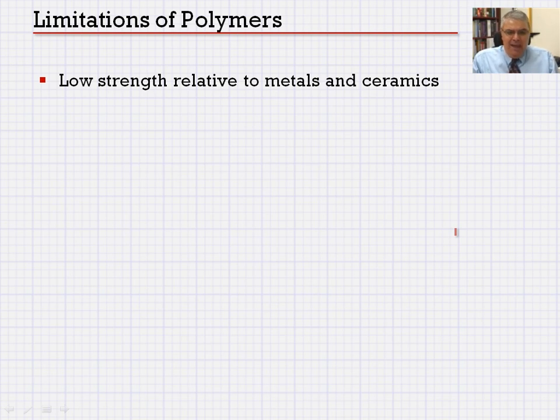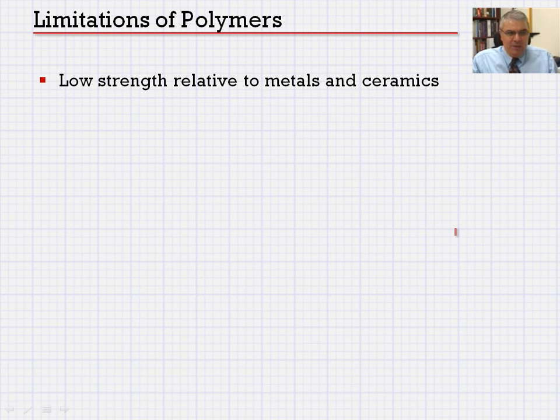We need to look at the application first. What is it that we need to make? Then we look at the material and we pick the appropriate material for the application. Some of these studies may take a while, but at the end it's important to realize this when we pick a material to build something out of it.